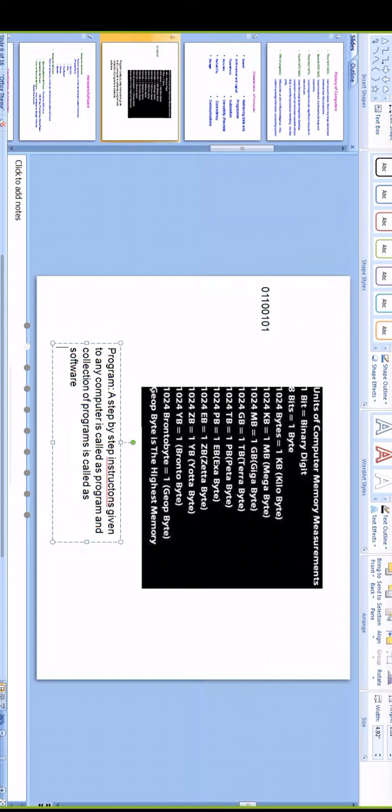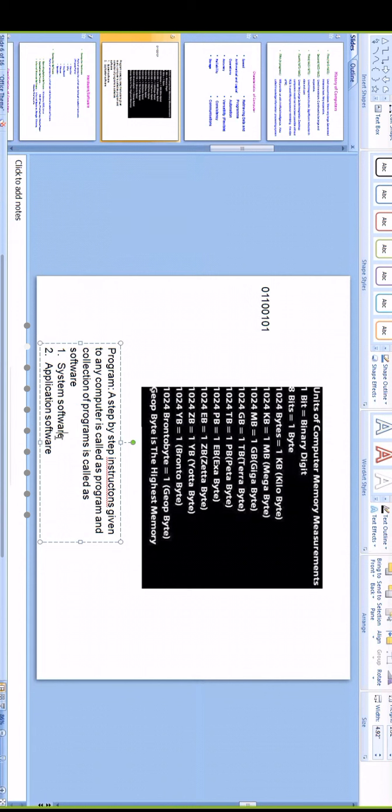The first one is called system software. Another is called application software. Yes? Is it okay? First one is system software. Another is application software.